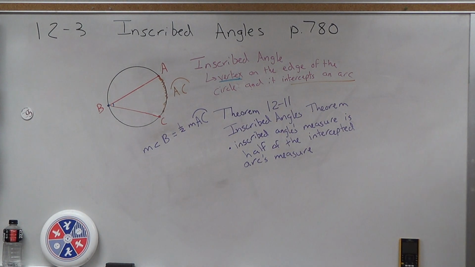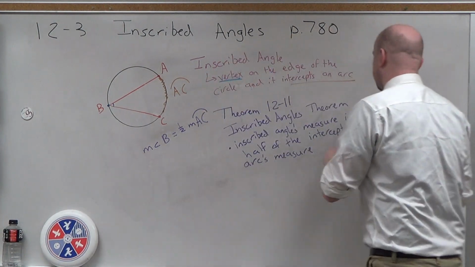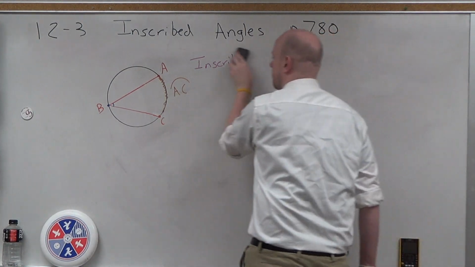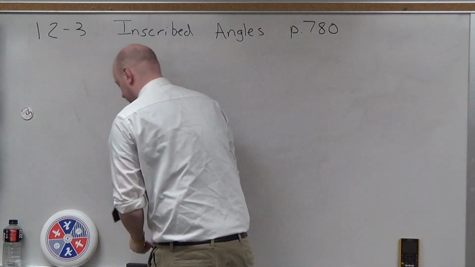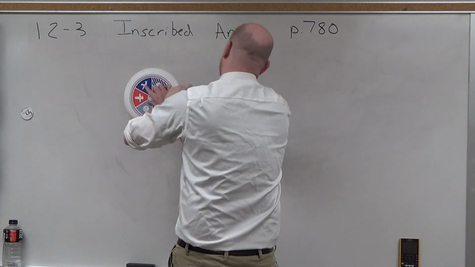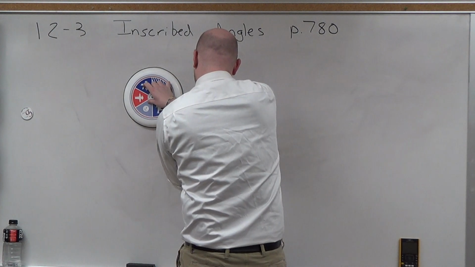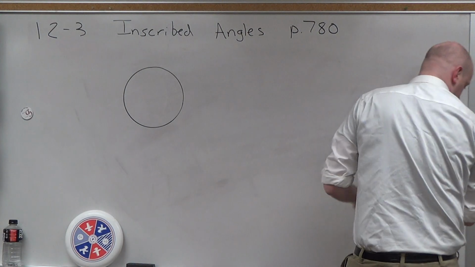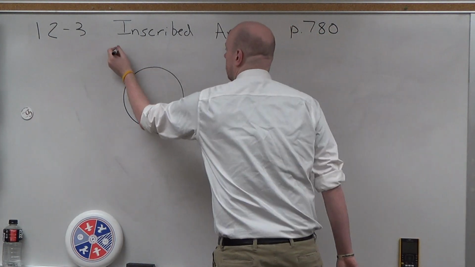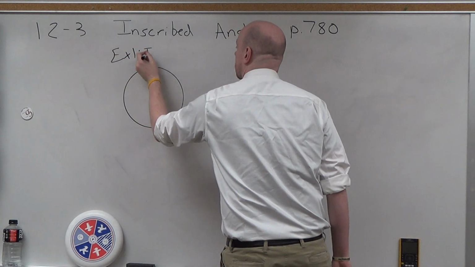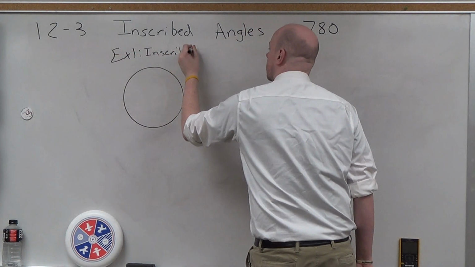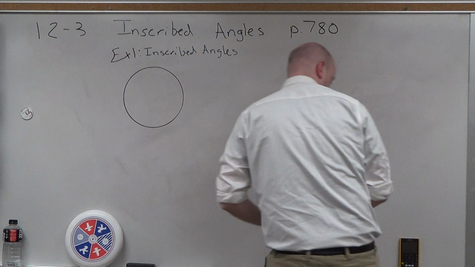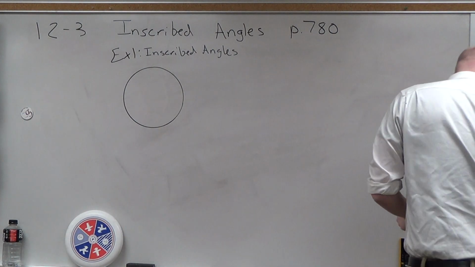So without getting into it, let's do an example. So, of course, I need a new circle. Again, my ultimate frisbee will just do. Example 1. Inscribed angles. Let's see.